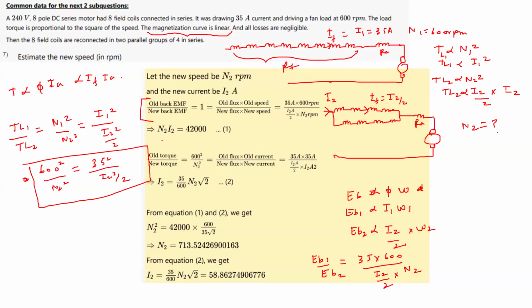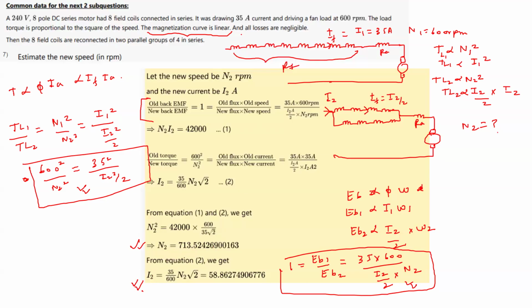So if you make the back EMF the same, you will get another condition of N2 and I2. So you have one condition of N2 and I2, and then another condition of N2 and I2. If you use these two conditions, you can find out the value of N2 and the value of I2. I will tell you how they have considered the back EMF to be the same.